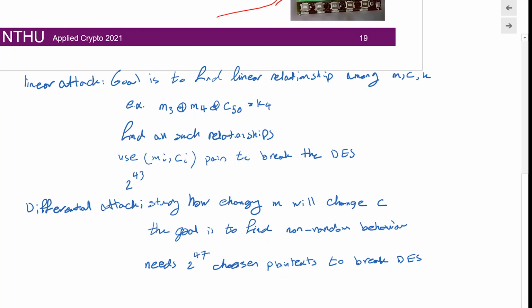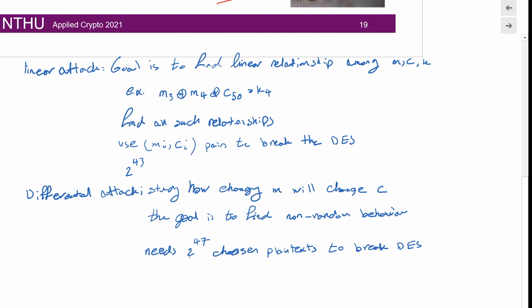With the differential attack, we know that DES should be 2 to the power 56 bits secure, but in theory, even though maybe we cannot implement this algorithm, it can be shown that we can break it after this many trials. So that would define a better gap for our upper bound of the security. So these are very important results.